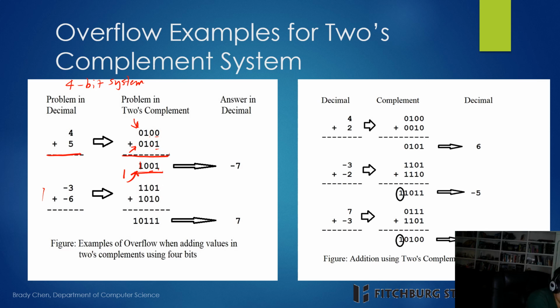Now, can we convert to decimal to see what this number is? So let's say it's a negative number, and then we can check what's the absolute value of this number. We invert the bits, 0, 1, 1, 0, and then we add a 1, so you got 0, 1, 1, 1. So that's 7. That's the absolute value. Because it's a negative number, the actual number is negative 7.